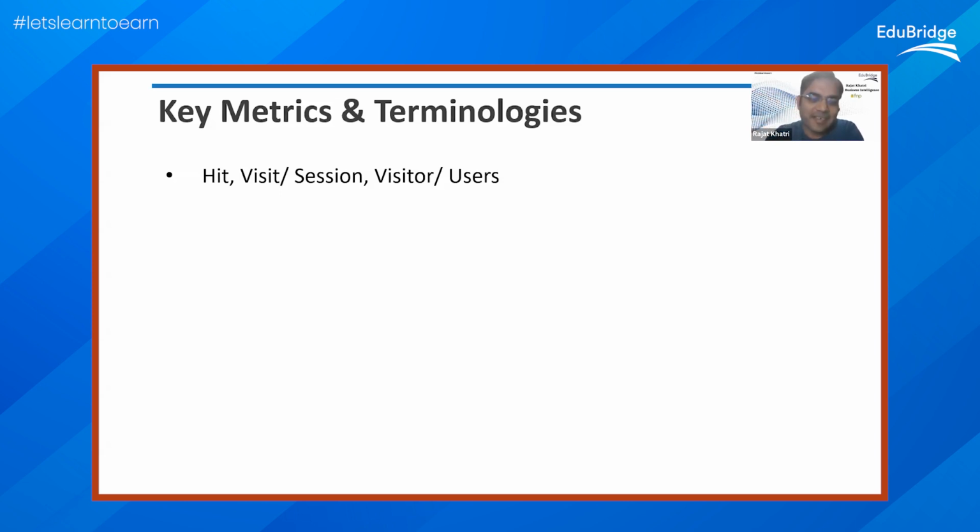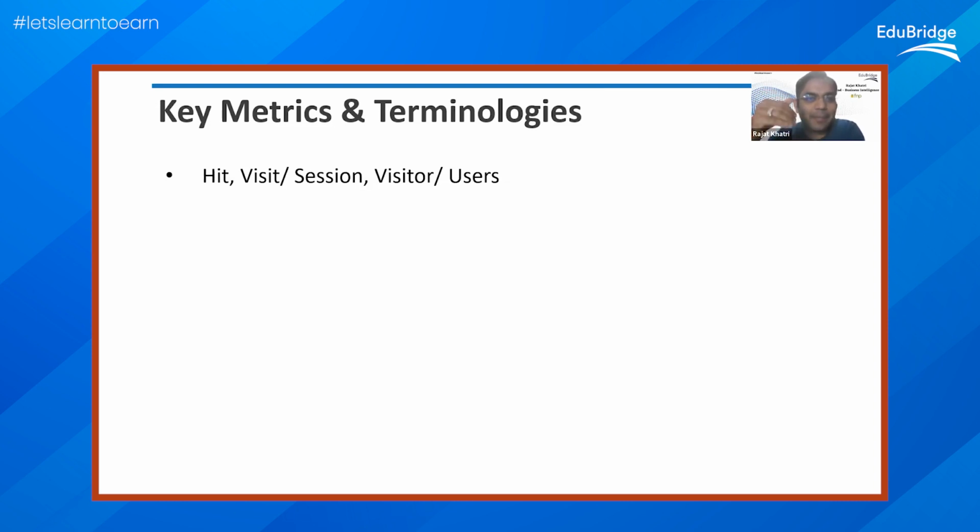What is a visit, right? A visit, or a session, is when a customer comes to a platform and stays there for the next 30 minutes. Let's assume I just opened Ferns and Petals. For the next 30 minutes, if I keep on interacting with this platform, it will be counted as one visit.